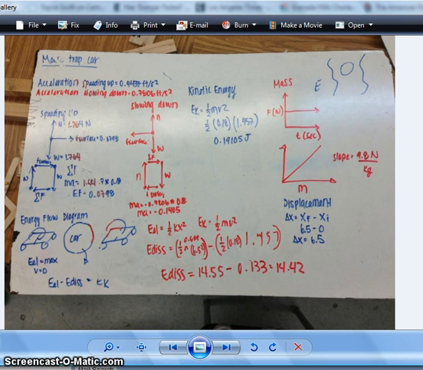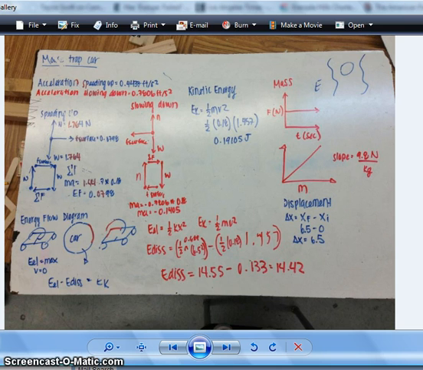For E elastic, you find that by 1 half K, which is our spring constant, times x squared, which is your final position. Then you find your kinetic energy with 1 half mv squared, which we already found.